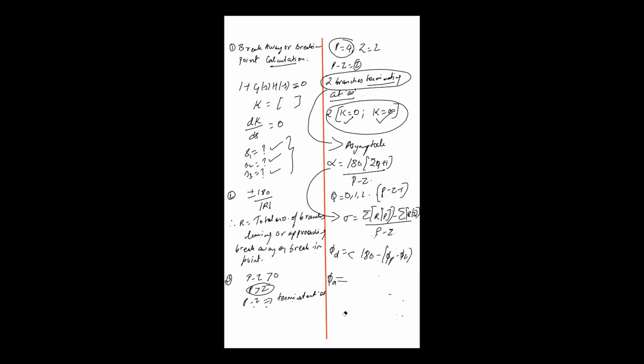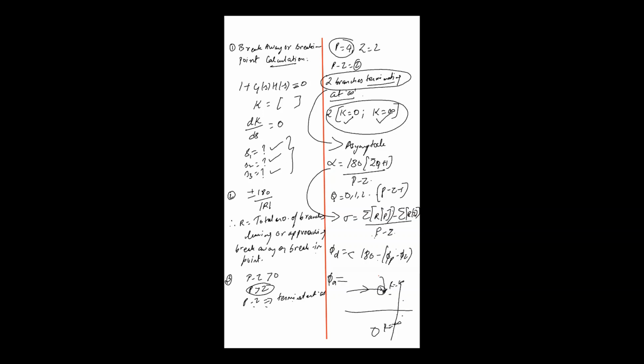And what is angle of arrival? Why do you need that? You need that if you are having complex conjugate open loop zeros like this. At zeros, you already know that k is equal to infinity. At zeros, the value of k is infinity, and your root locus branches will terminate at open loop zeros. So how will the branches arrive here?